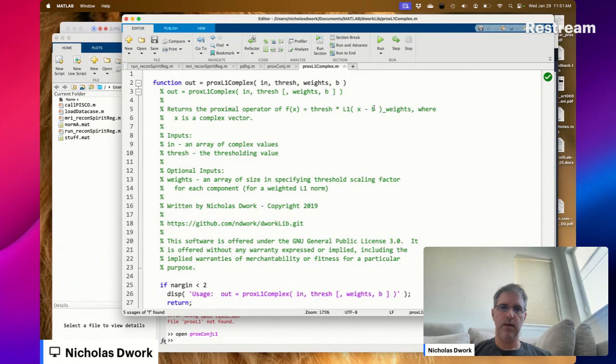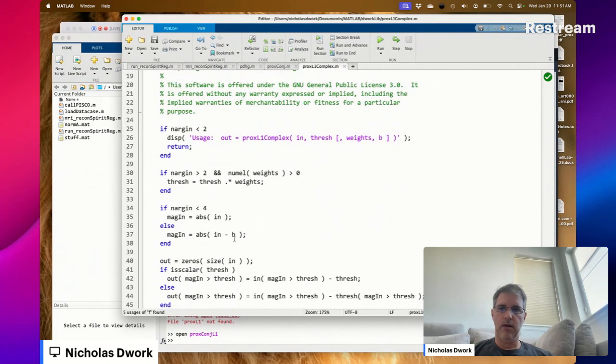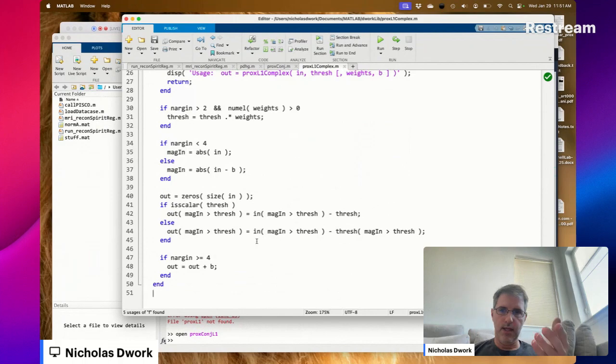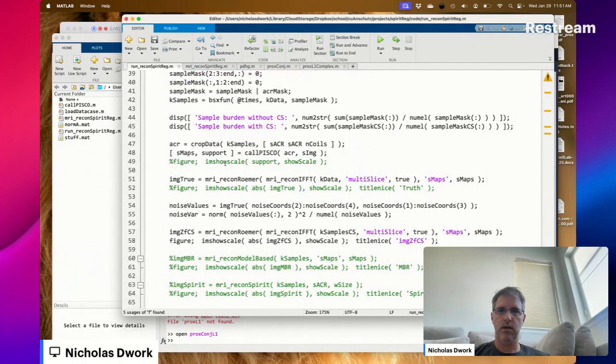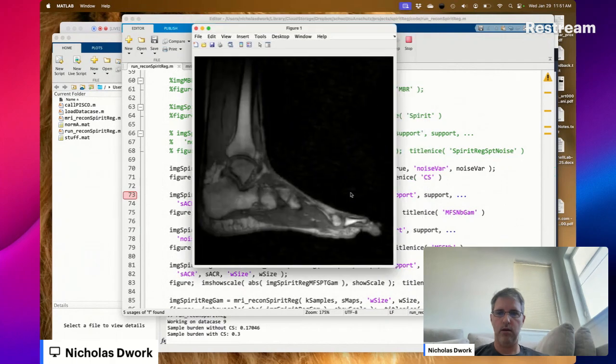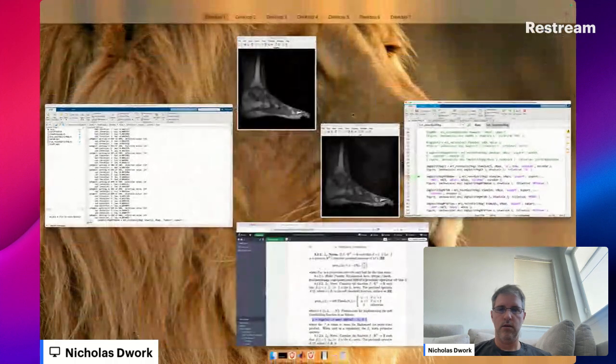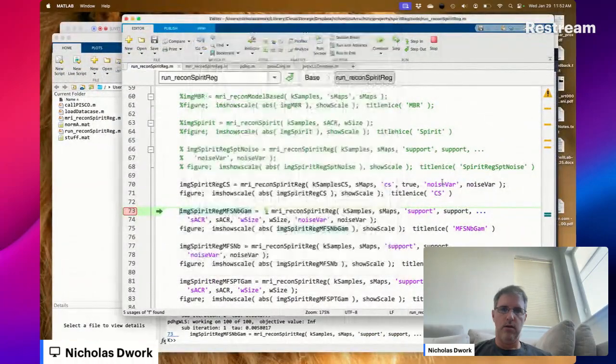Minus b. So if x is b, you don't want it to do anything. Okay. I think that's right. Still changes nothing.